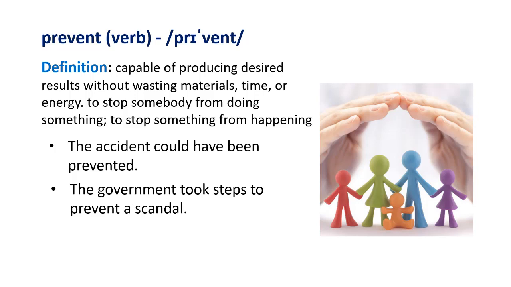So that's why the government took steps to prevent a scandal. It means that they organized another investigation of bribery, and any officer involved in bribery will be fired from the government.